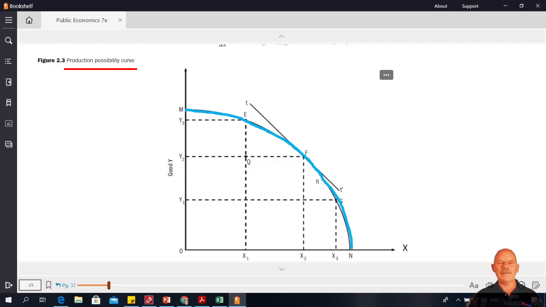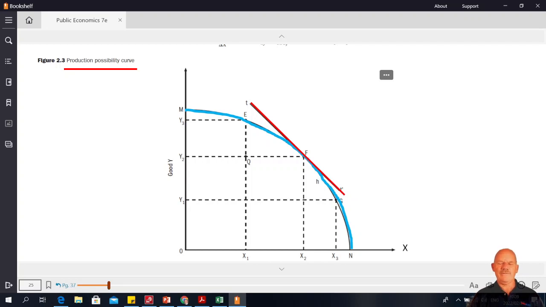Then we have a budget constraint. Producers are also subject to the same prices as consumers. A producer sells his or her goods, X and Y, at a certain price in the market. In a perfectly competitive world, the prices are given. They cannot determine them.